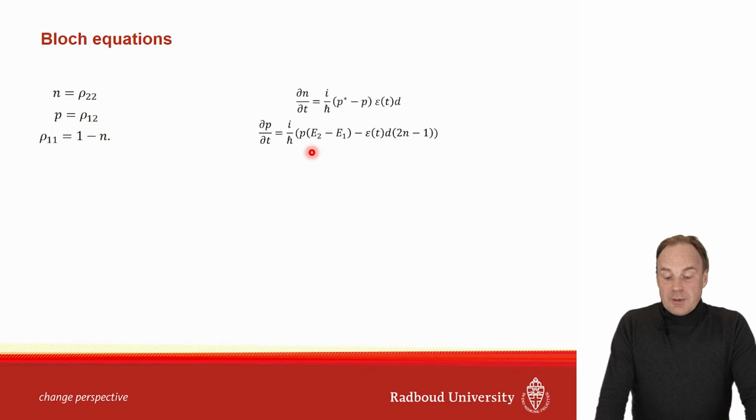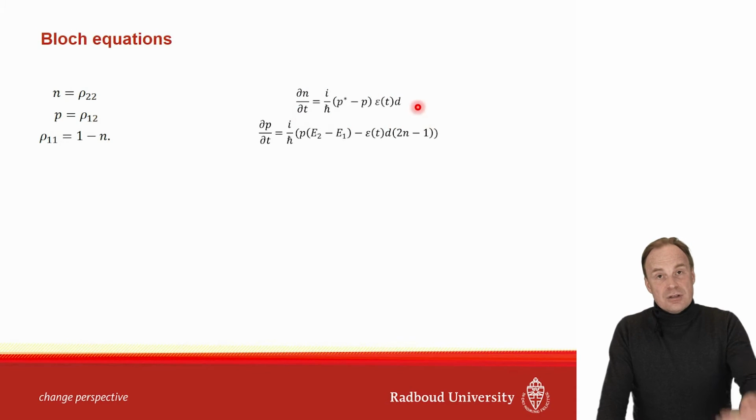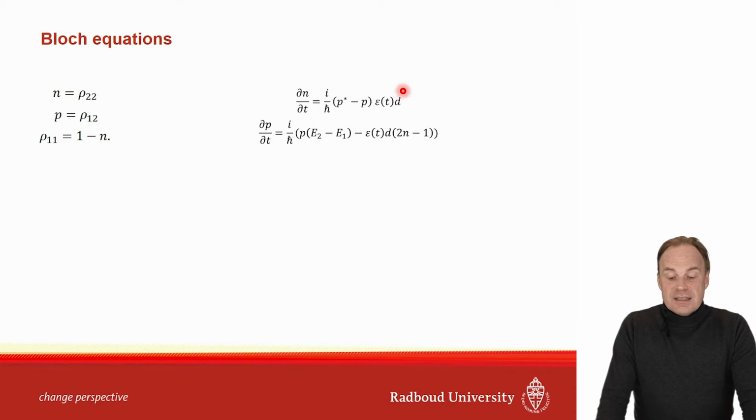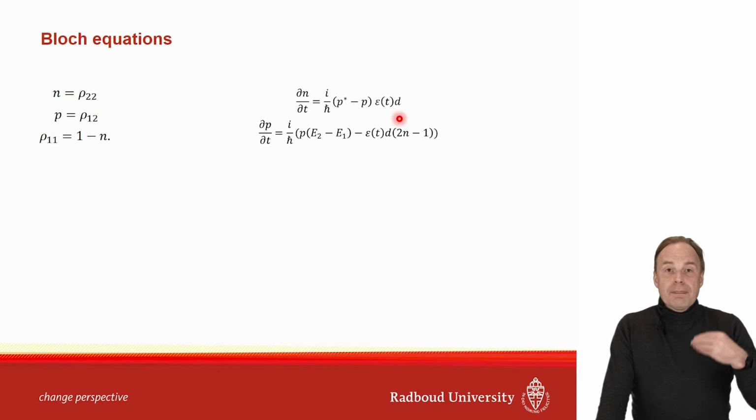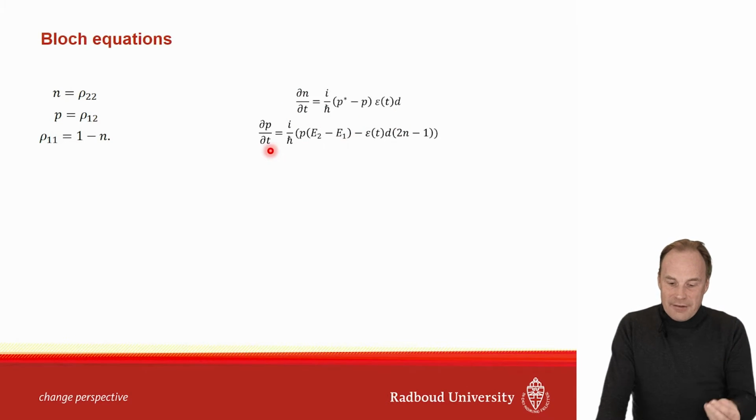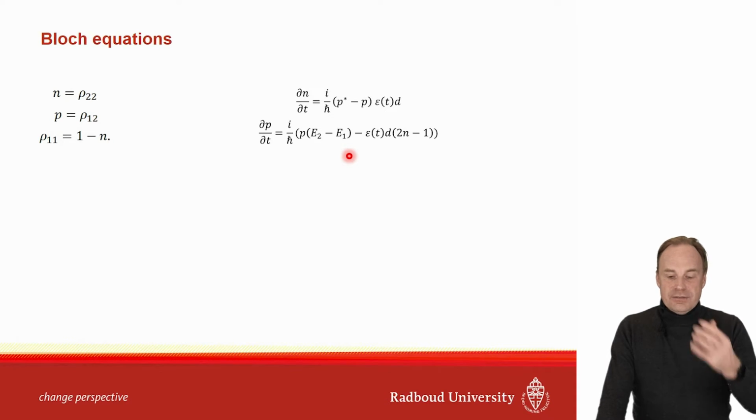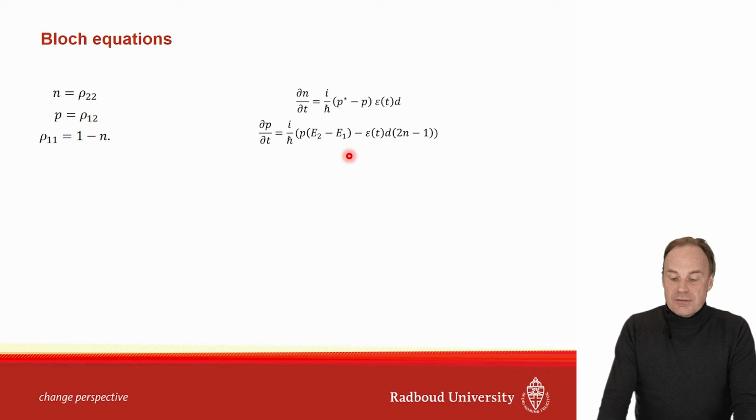But if you take the population of the excited state into account, then polarization can be a non-linear function of the electric field, because the population of the excited state is also a function of the electric field. So these two equations already have in their nature the possibility of non-linear optical interaction, of non-linear optical phenomena, so that polarization can potentially be a non-linear function of the electric field, shown here by the variable epsilon.